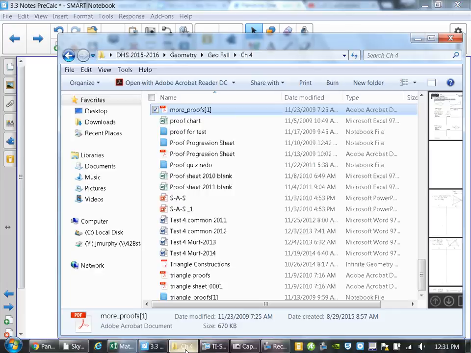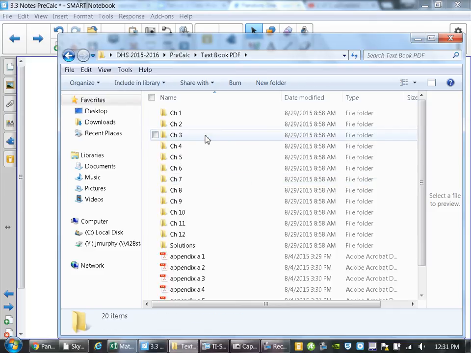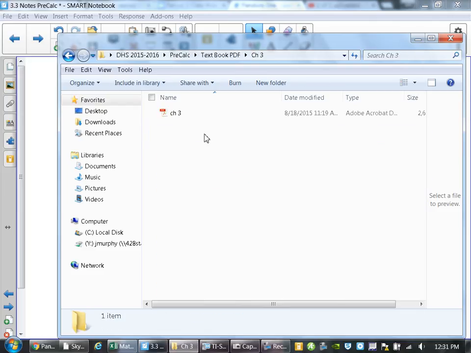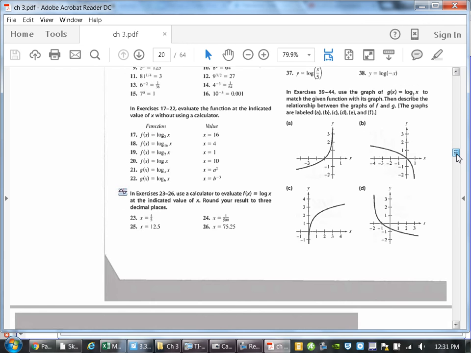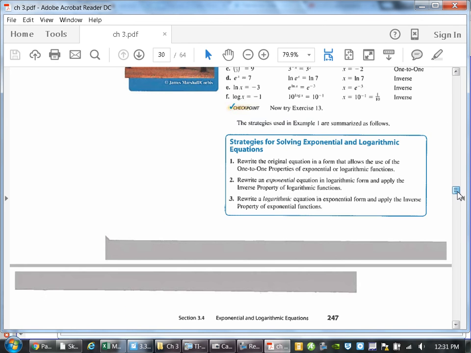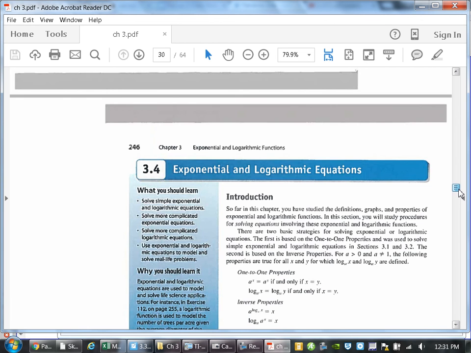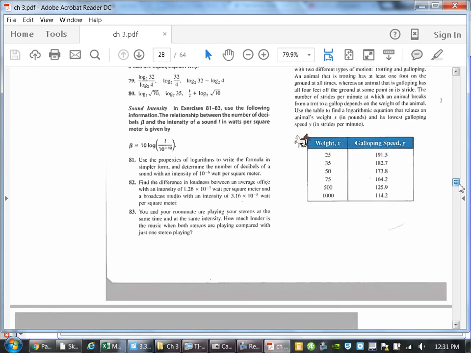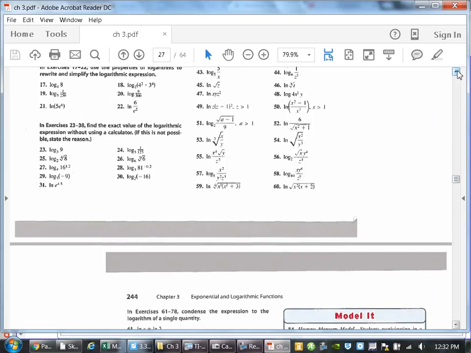As far as what the problems will look like, I'm pulling it up right now. Did you write packet on there? Yes, because it was a packet.